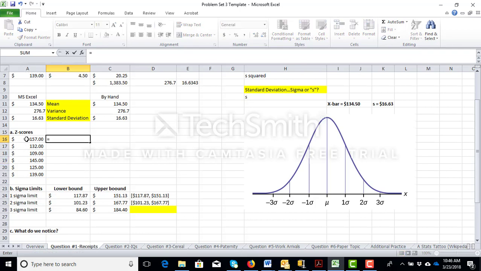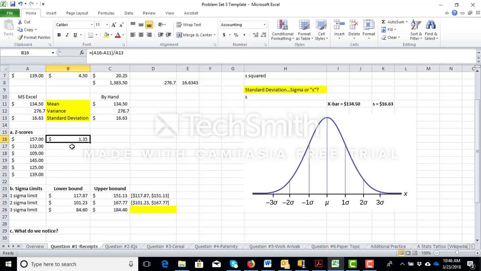We take the receipt that's in question, or the data point that's in question, and we subtract the average. It's $134.50. And then we divide by the standard deviation.